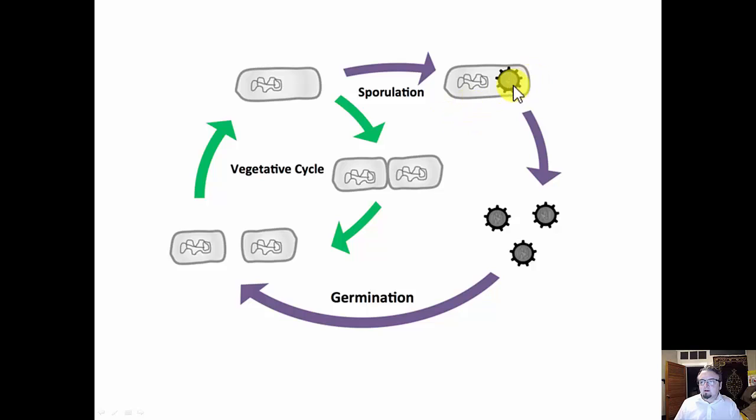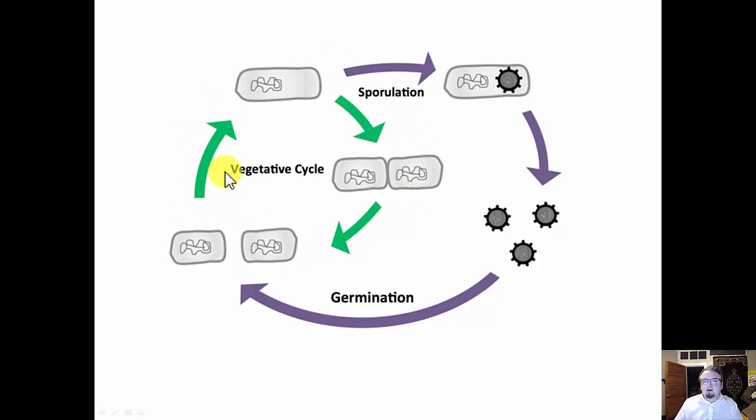Now, once that spore is formed, here you can actually see the cell is still intact, but the spore forms here. Eventually the cell breaks away, and only the spore, or the endospore, is left here. Eventually, these spores will, theoretically anyway, find a suitable environment in which they can go back into the vegetative stage, re-emerging into an active cell and going back into the vegetative cycle.